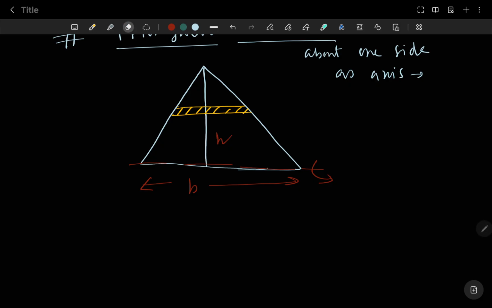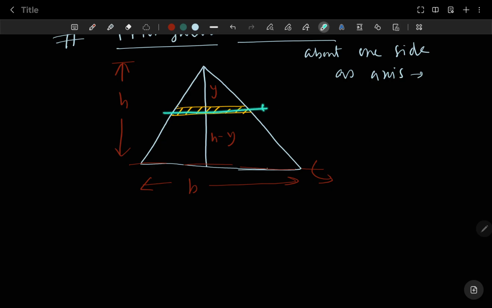So let me draw H here, height. Let me call this much height Y and the rest of it H minus Y. Now what will be the moment of inertia of this strip about this axis?